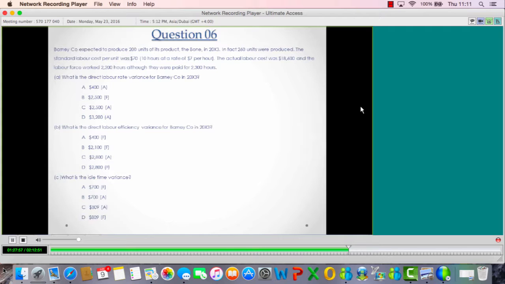So it is a favorable efficiency. To arrive at the efficiency in dollars, you multiply it by what? 7. So that would give you 2,800, and that should be favorable. That is D. Now what is C?